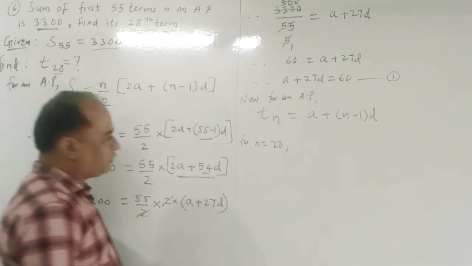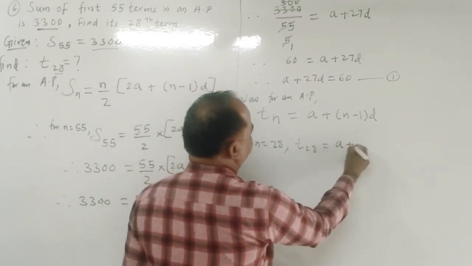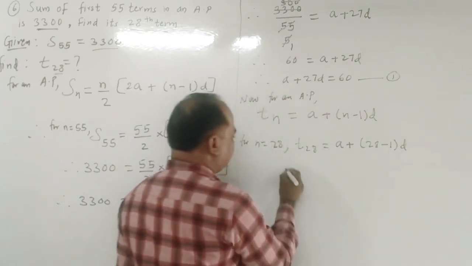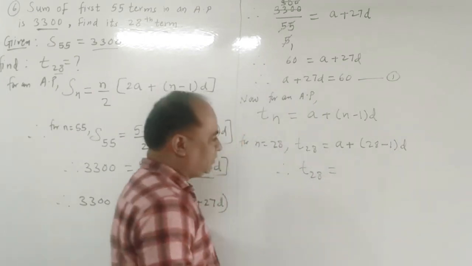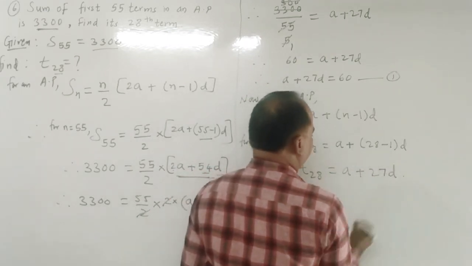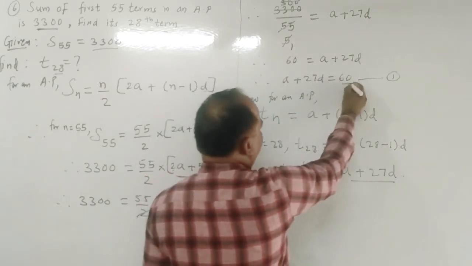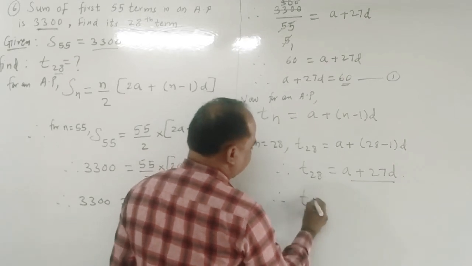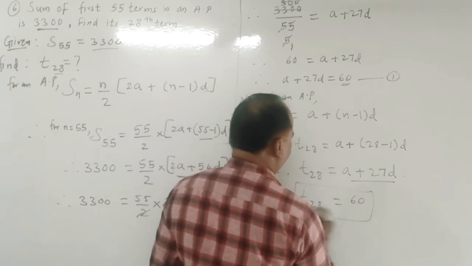So for n is equal to 28, T28 is equal to a plus (28 minus 1) into d. Therefore T28 is equal to a plus 27d. This a plus 27d, that is from 1, is equal to 60. So therefore T28 is equal to 60 from 1.